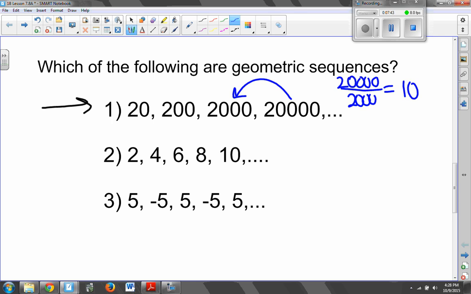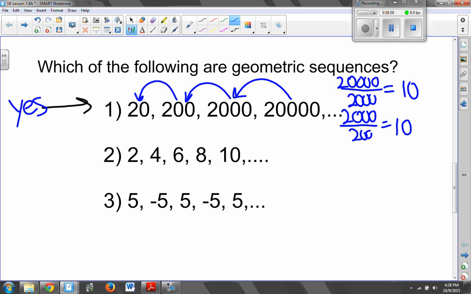Right? And if I do it again with 2,000 divided by 200, again, that equals 10. And one more time, 200 divided by 20 also equals 10, right? So is this a geometric sequence? Yes. Yes, it is.